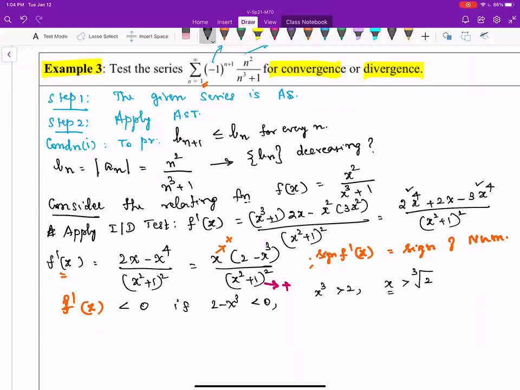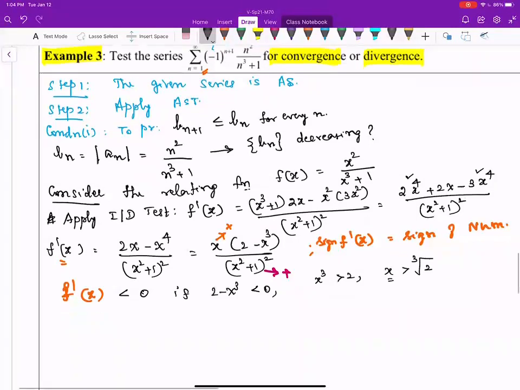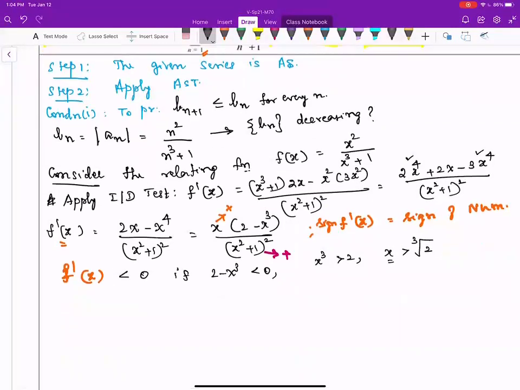So x more than cube root of 2 means whenever x is more than or equal to 2, f prime x is less than 0. So we can say f of x is decreasing on the interval whenever x is more than or equal to 2.